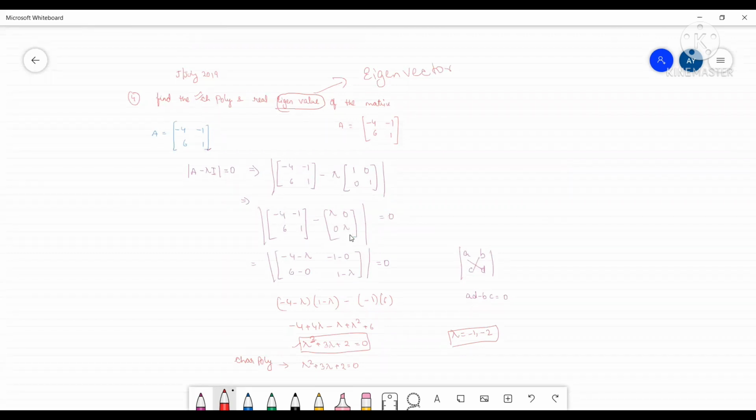Since they just asked for eigenvalues, you just got these, lambda equal to minus 1 and minus 2. You just have to stop till here. If they ask you for eigenvectors, you have to further continue, that is take these lambda values, lambda is equal to minus 1, substitute it over here, and then in case 2 take lambda is equal to minus 2 and substitute it in here.